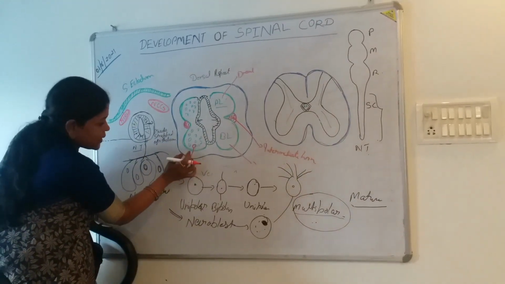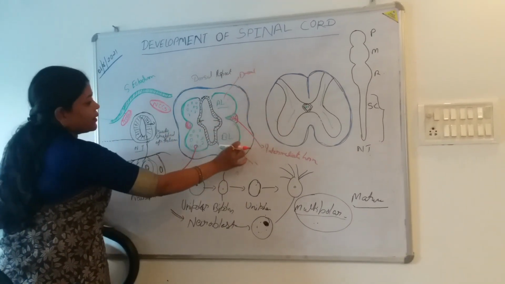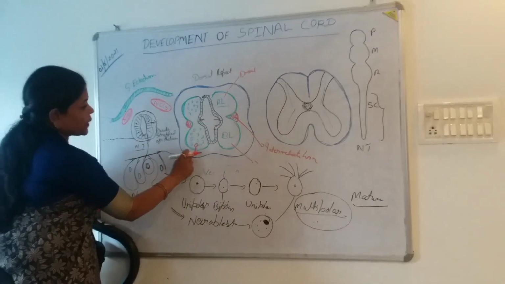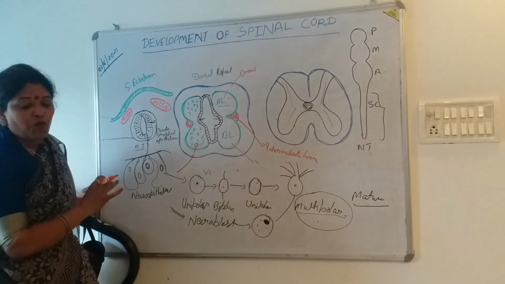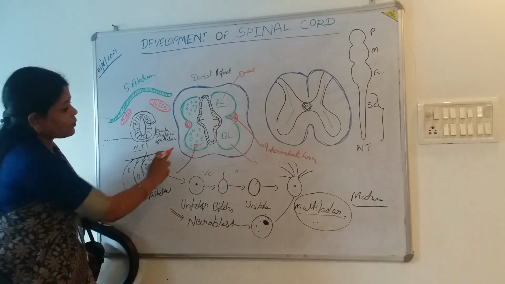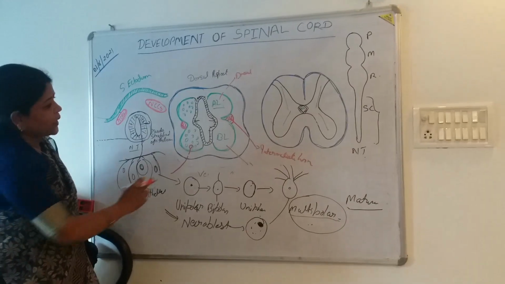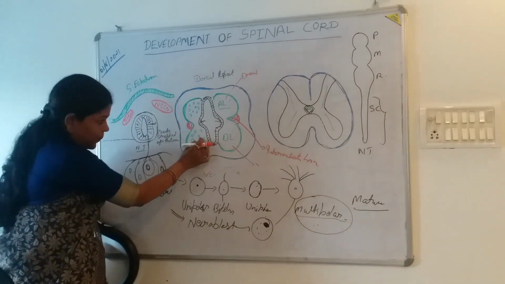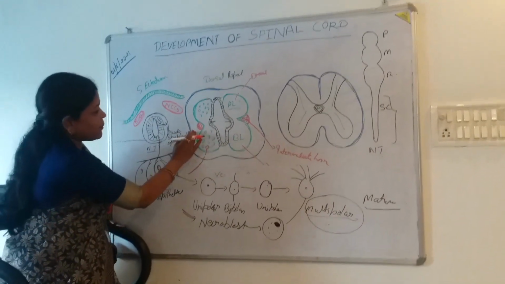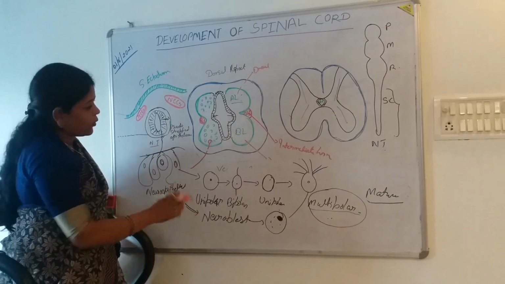So this is the region just outer to this mantle layer, this white portion. This region is getting the white appearance, and this will be known as the marginal zone. So there are 3 layers: this is the ependymal layer, this is the mantle layer, and this is the marginal layer. The 3 layers of the developing spinal cord.